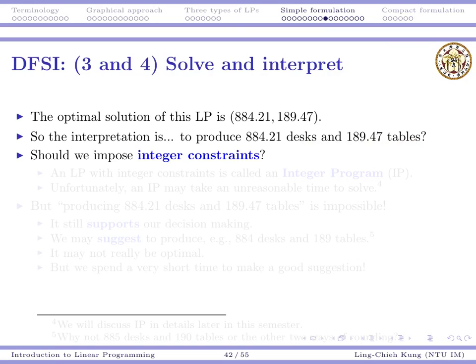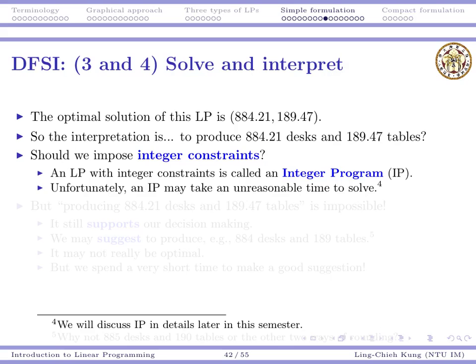So we may want to ask, should we impose integer constraints? In some sense, we probably shouldn't allow our decision variables to be real numbers, right? We probably should ask them to be integers by imposing integer constraints. Probably that's one solution.